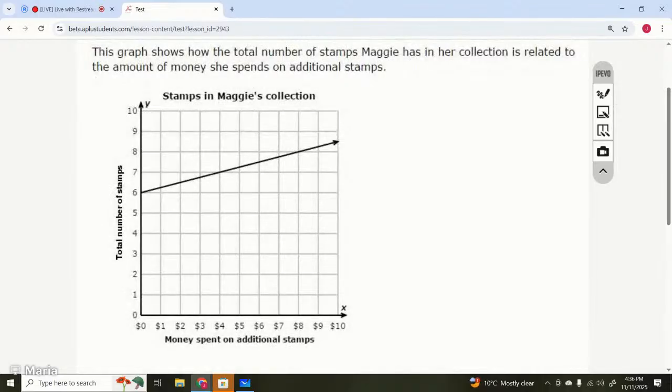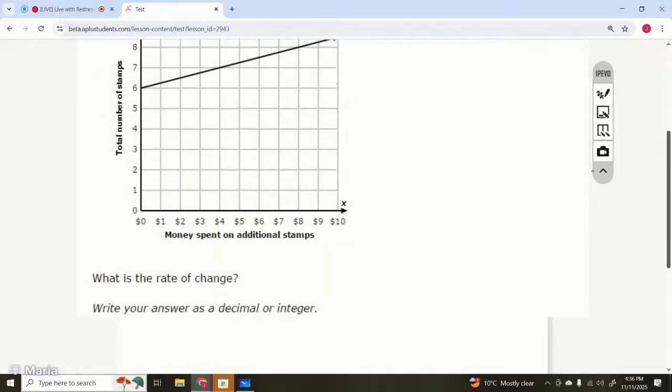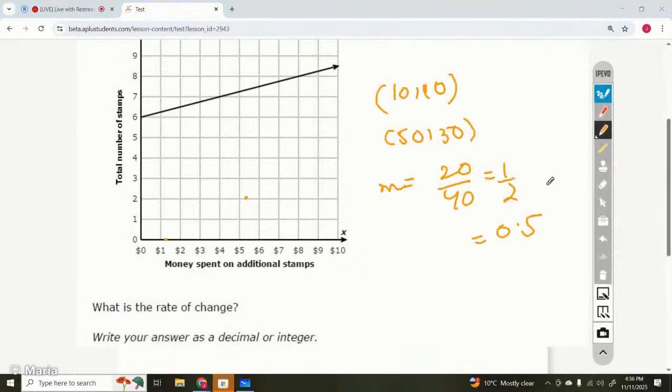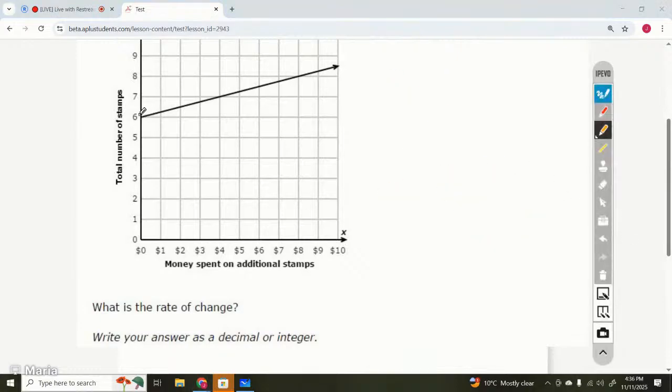This graph shows how the total number of stamps Maggie has in her collection is related to the amount of money she spends on additional stamps. What is the rate of change? 0 and 6, then 4 and 7.